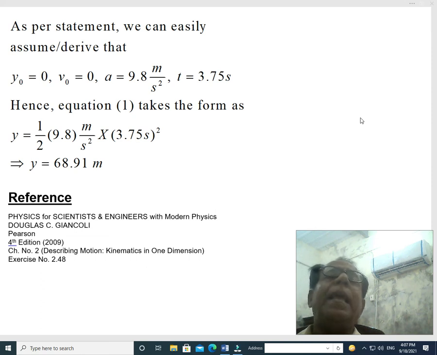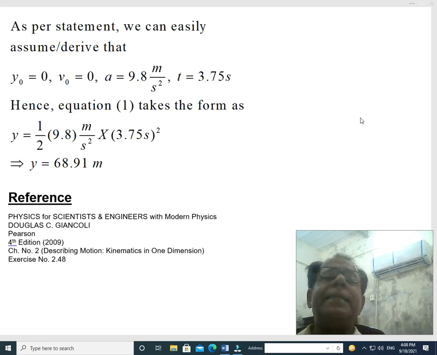Acceleration due to gravity is constant, 9.8 meter per second square, which is usually denoted by g. Time t equal to 3.75 second is given in the statement. Hence we put all these values in equation number 1.